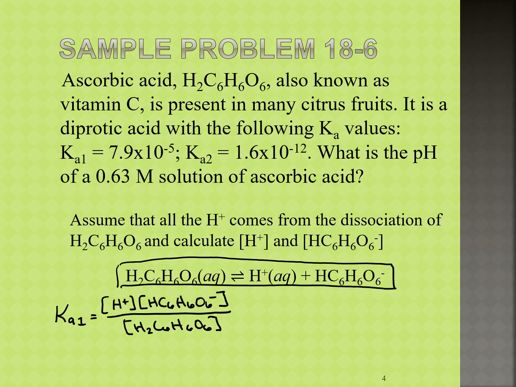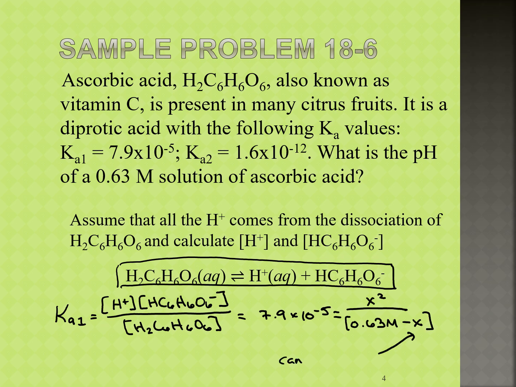And if I plugged in some values here, Ka1 is 7.9 times 10 to the minus 5th. And that's going to be equal to x squared on top divided by our 0.63 molar to begin with minus however much of that goes away.